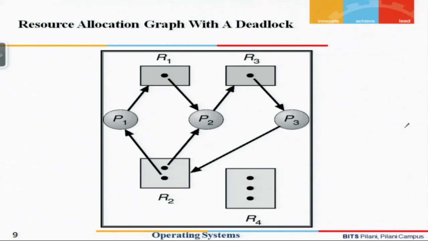a cycle. When we are talking about a cycle, we follow the arrow direction, and the arrows should move in one direction. That is, we call it a cycle if all arrows are in the same direction. For example, we start from P1.